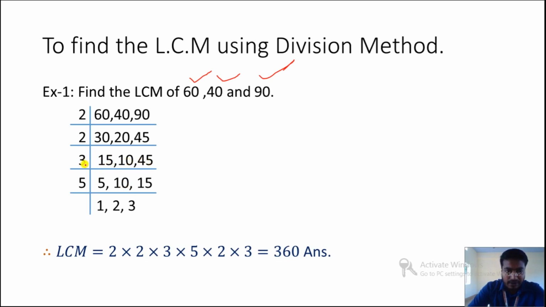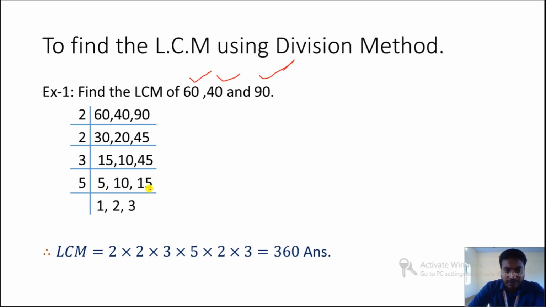Okay, let's divide now. By 3: 5, 15, 10 we can't divide, so we will write it as it is, same. Then 45 when we divide by 3 we'll get 15. Clear? Now by 3 we can't divide because we have here 5, 10 and 15.